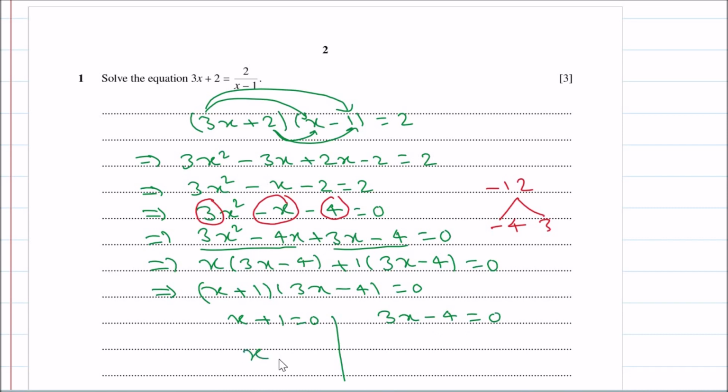So this gives us x equal to minus 1, and this gives us x equal to 4 by 3. So two values, x equal to minus 1 and x equal to 4 by 3, are our answers or solution for this equation.